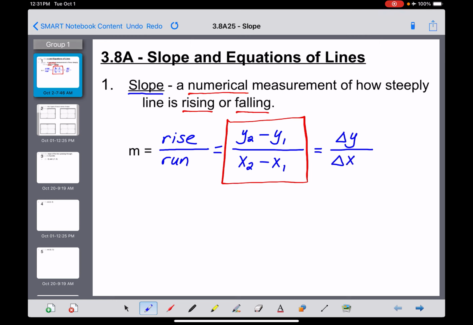And any time that you see delta being used in a math or a science class, it's used to represent the concept of change. So you might read this then as change in y over change in x. And the operation that we use to measure change in a quantity is subtraction. So that's kind of where that comes from. I would say that this last thing right here, the delta y over delta x, isn't something that you guys need to know right now. But when you do see it in the future, you can say, oh yeah, we saw that in geometry just a little bit. But as I said, guys, this formula right here is the key for finding slope.